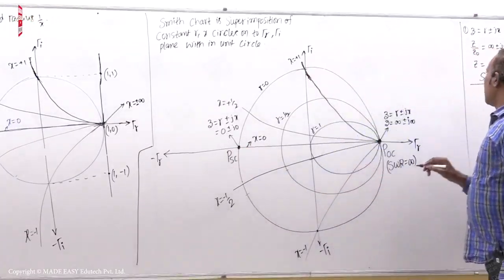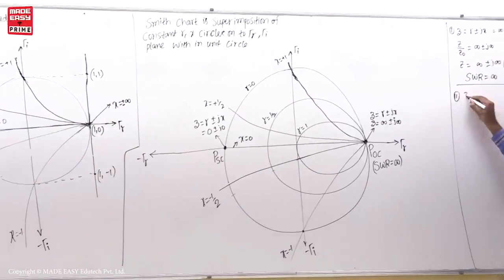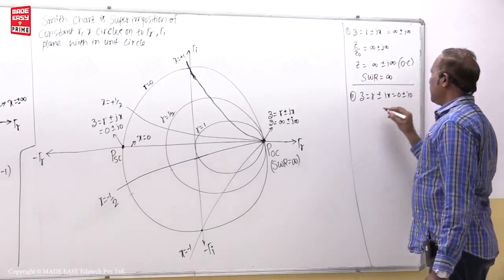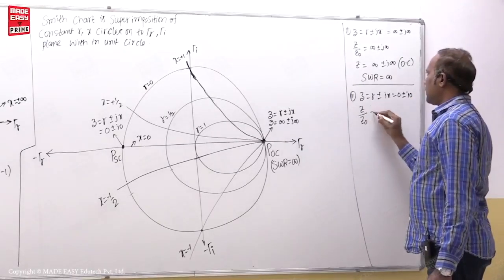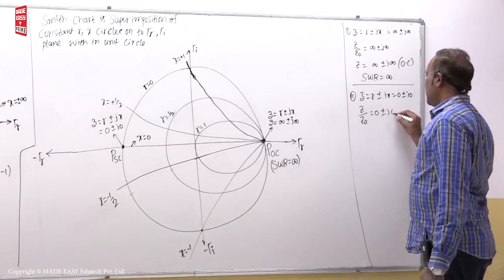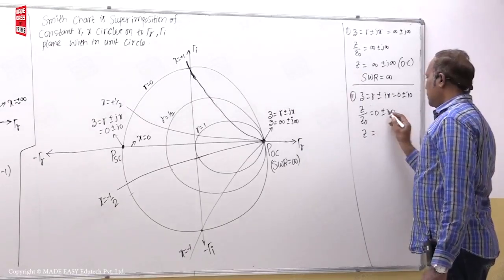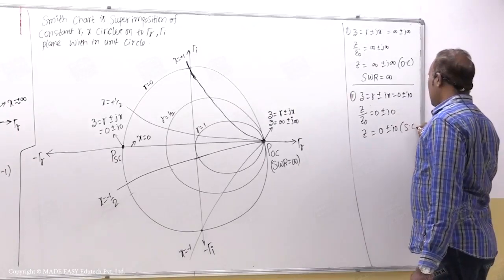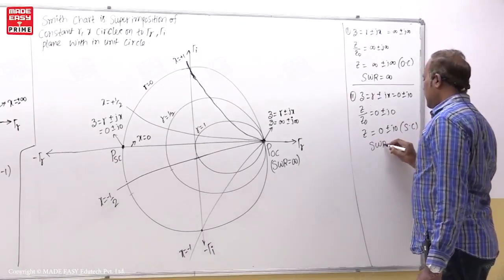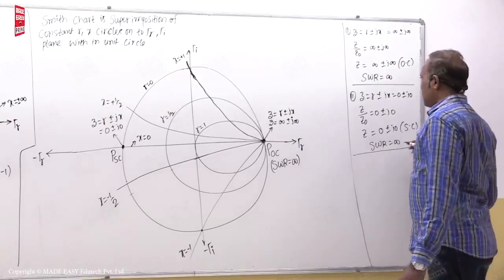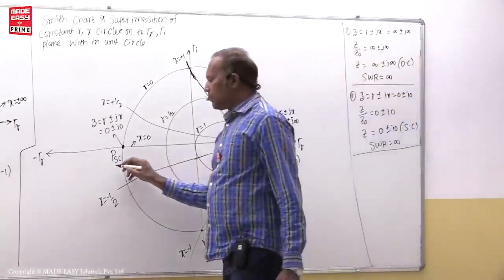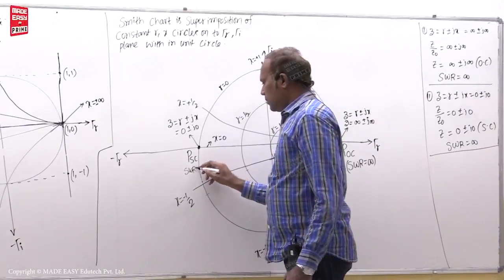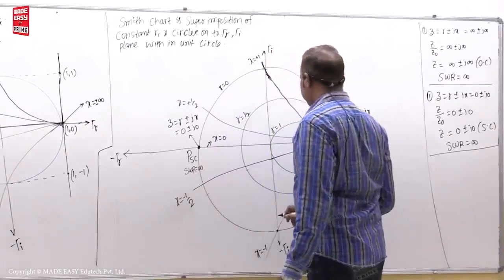So for short circuit, capital Z by Z naught is 0 plus or minus j 0. Capital Z is equal to Z naught times 0, so 0 plus or minus j 0. So it is short circuit impedance. Now SWR is once again infinity for this also. At this location also infinity.